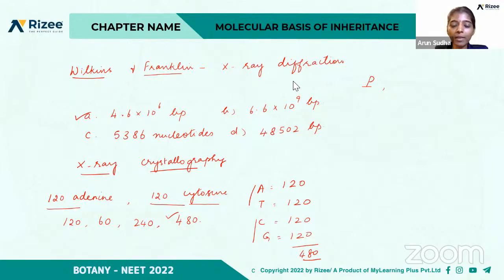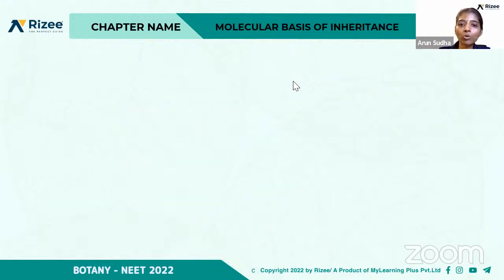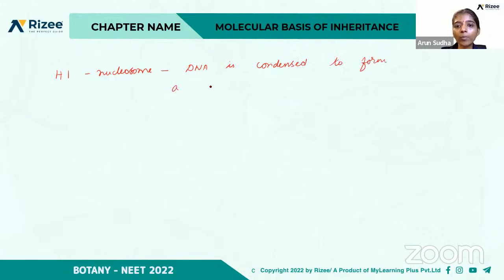Yes, B. The association of histone H1 with the nucleosome shows that the DNA is condensed to form a chromatin fiber. Okay, so this is the right answer.